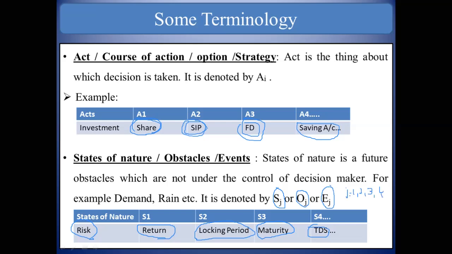And suppose you have 5 options, we can say J equal to 1, 2, 3, 4, 5. So we can say S1, S2, S3, S4, E1, E2, E3, E4, or O1, O2, O3, O4. Okay, so now I hope it is clear to you.